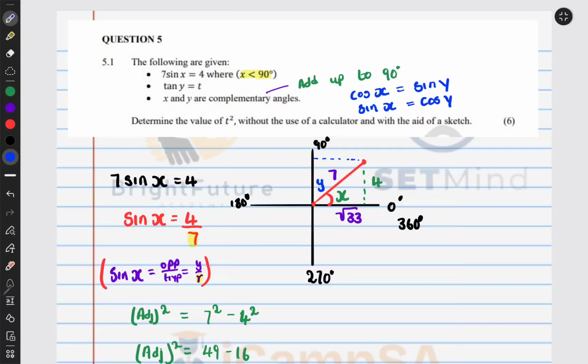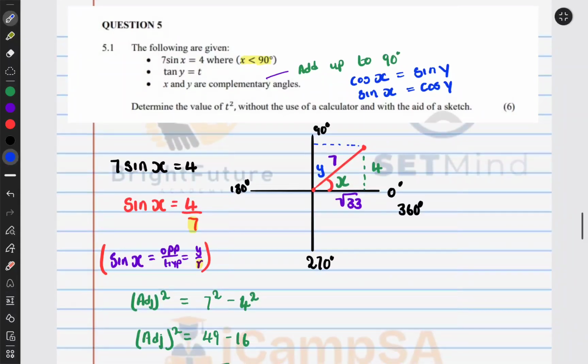Okay, and then next we are given that tan y is equal to t. Tan is opposite over adjacent. So tan y is equal to t.